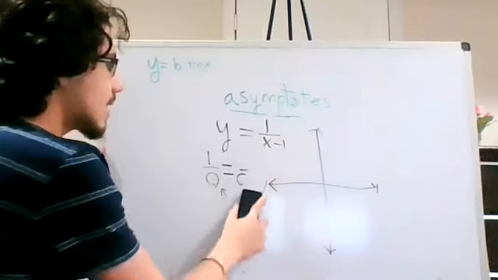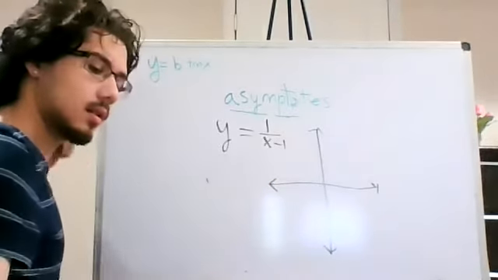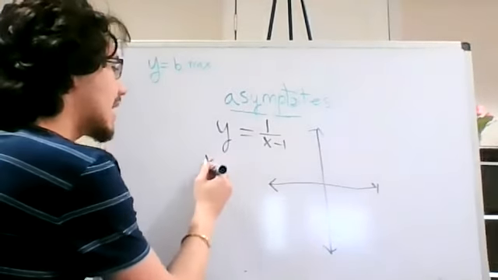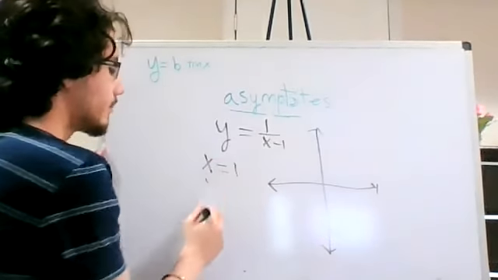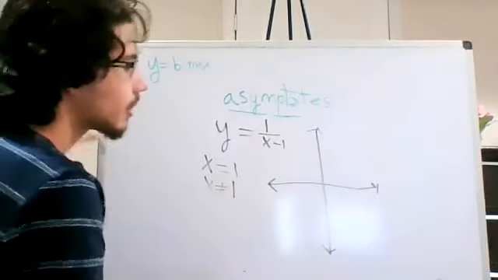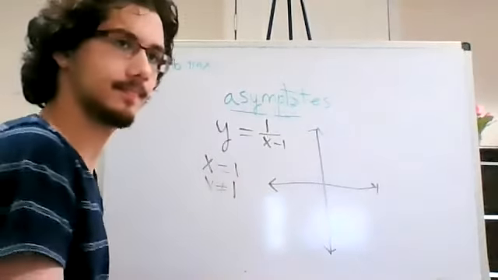So this says that there will be an asymptote at x equals 1. So x cannot equal 1. So how would we draw this asymptote, Mr. Raj?